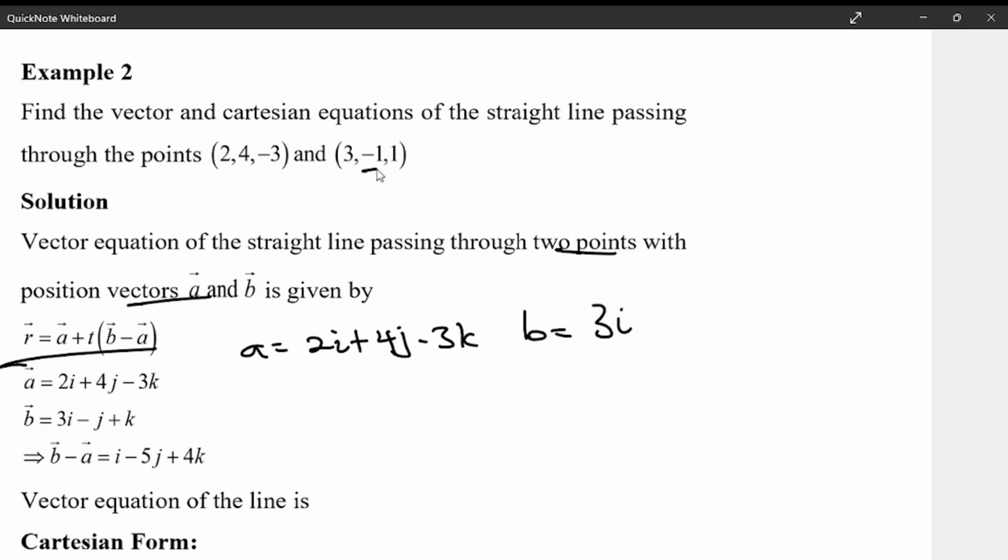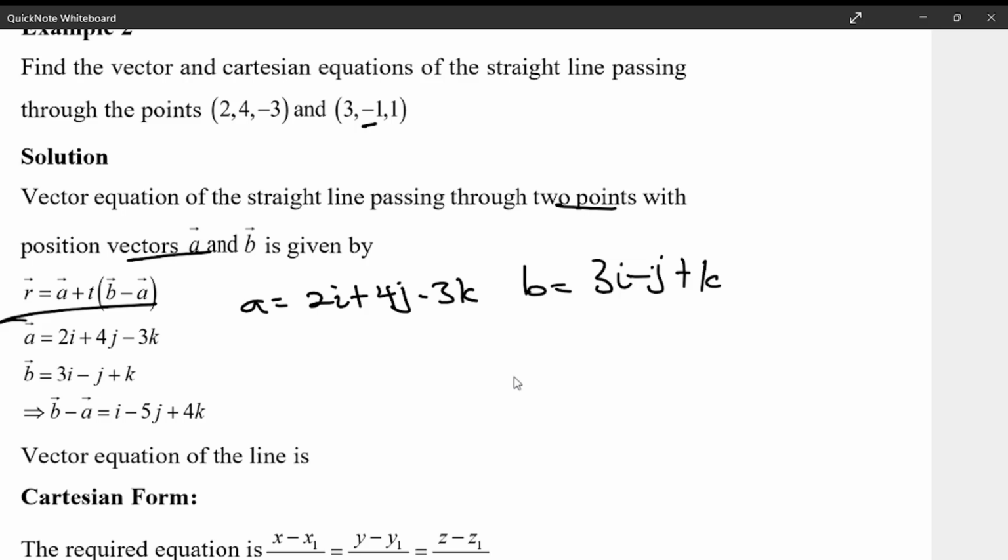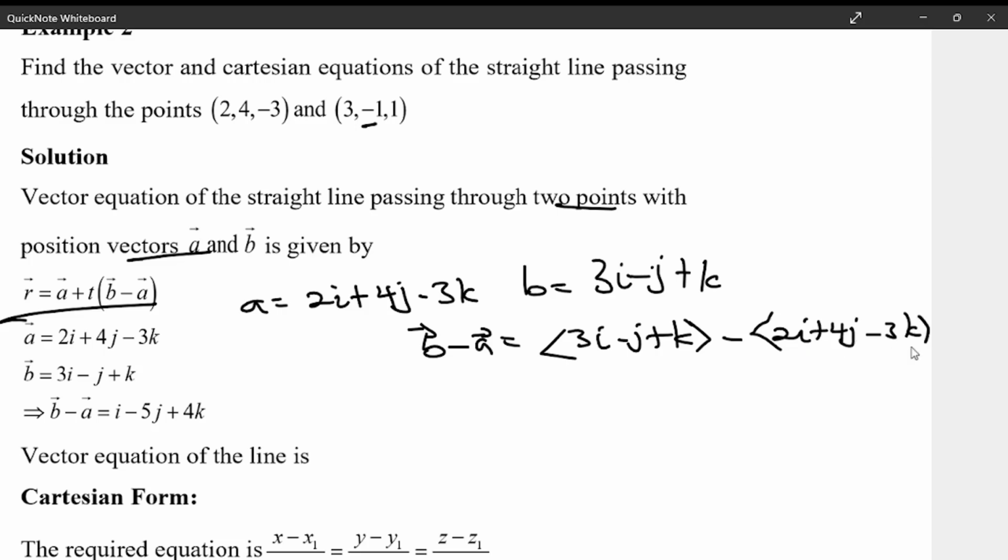3i minus j plus k. Okay, so b minus a is equal to our b, 3i minus j plus k, minus our a, 2i plus 4j minus 3k.